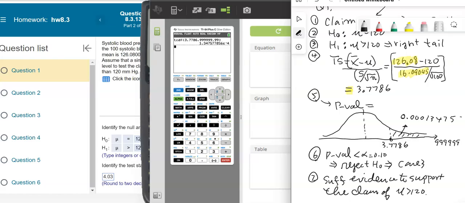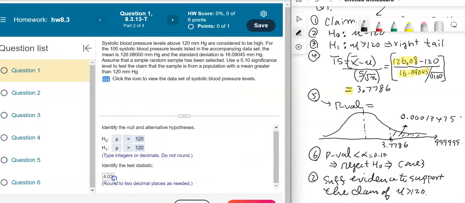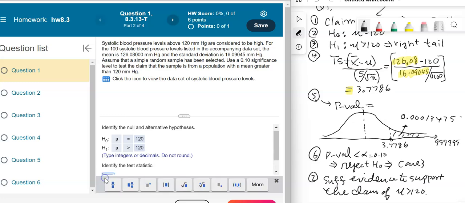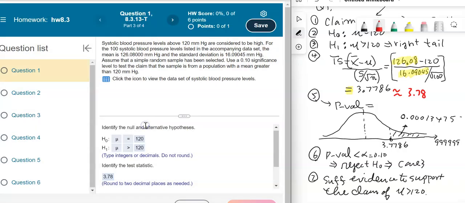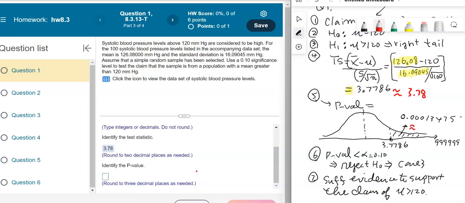So now the statistic is not 4.03, but what is it? So it is 3 decimal. This one better be right, 3.78. Okay, so I'm going to change that to 3.78. Okay, and then p-value is 3 decimal. Now look at it. So p-value is again 3 decimal is 0.001.